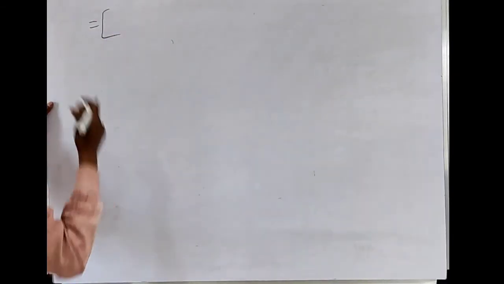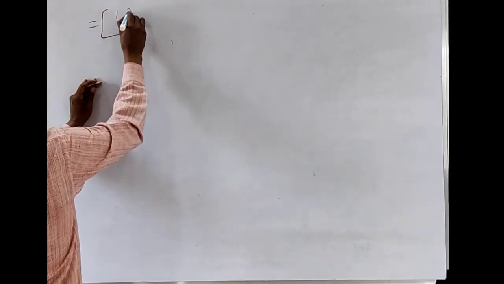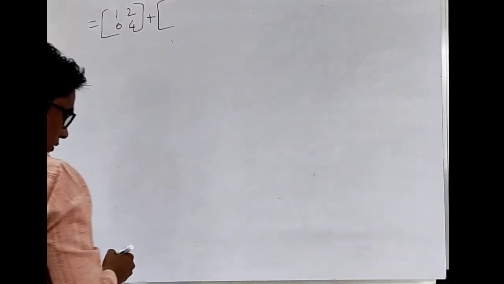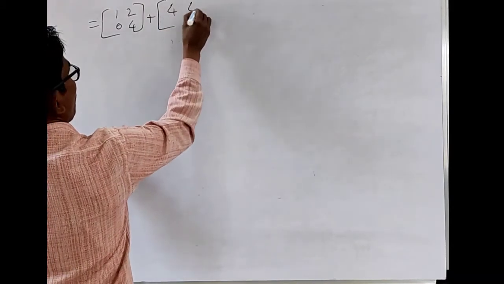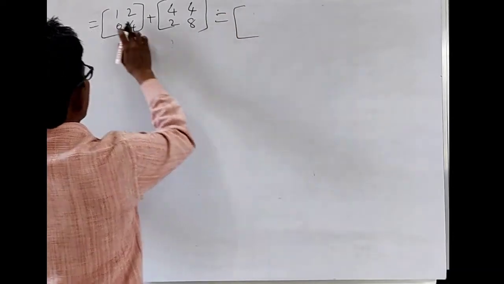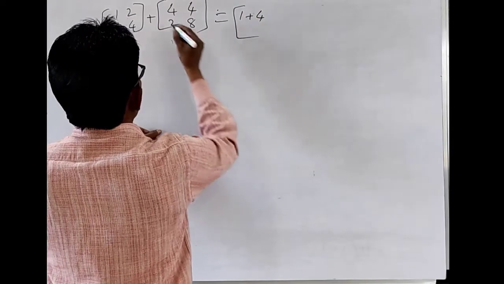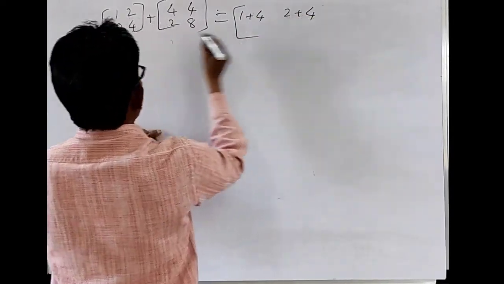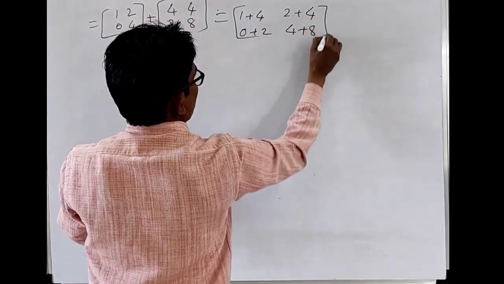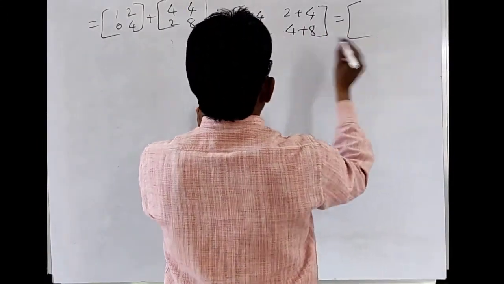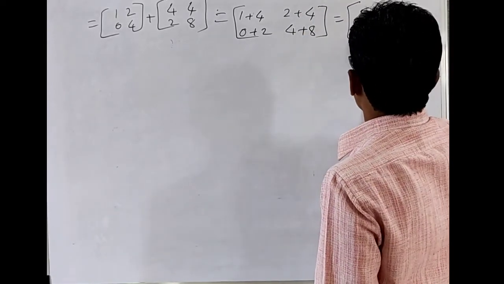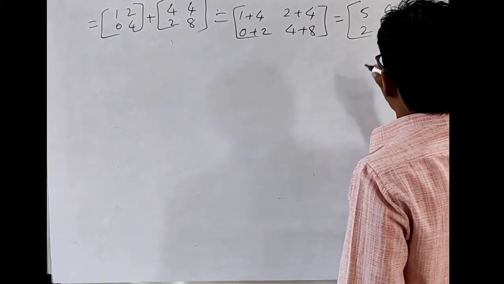So it is [1, 2; 0, 4] plus [4, 4; 2, 8]. So it will be 1 plus 4, 2 plus 4, 0 plus 2, and 4 plus 8, which is 1 plus 4 is 5, 2 plus 4 is 6, 0 plus 2 is 2, and 12.